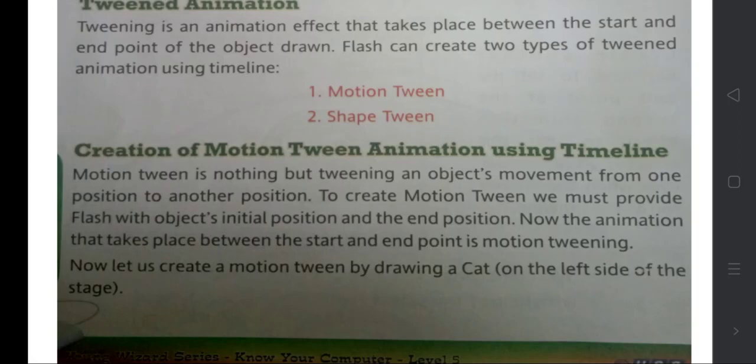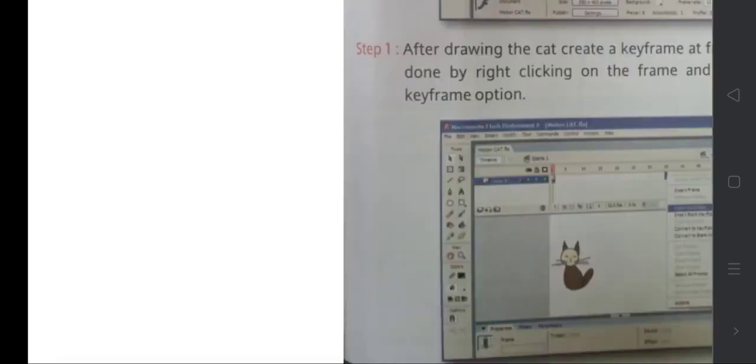We should decide where to start and where to end, and give that instruction. The animation that takes place between the start and end point is motion tweening. From this frame to this frame I want this motion to happen; whatever instruction you give, that is called motion tweening. Now we'll create one and see.